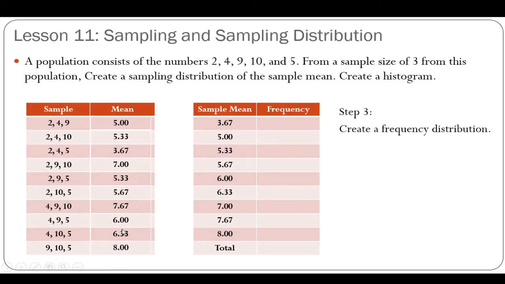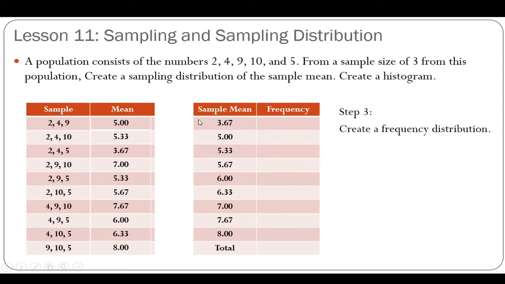Nilista lang natin ulit from another table, mula sa pinakamababa, which is 3.67, hanggang sa pinakamataas, which is yung 8. Okay? So ngayon, para makuha natin yung frequency, bibilangin natin kung ilang beses lumabas itong mga sample mean dito sa naunang table.